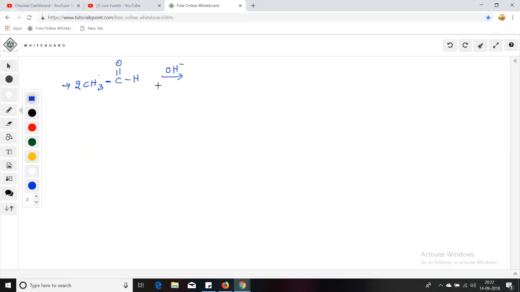I'm talking about a basic medium reaction. Now in this one, the first compound that we get is CH3, CHOH, then CH2, CHO. This is the first compound we get.